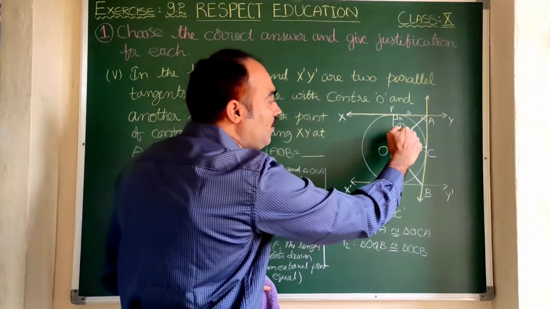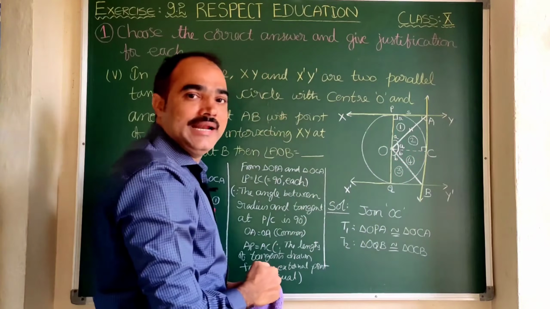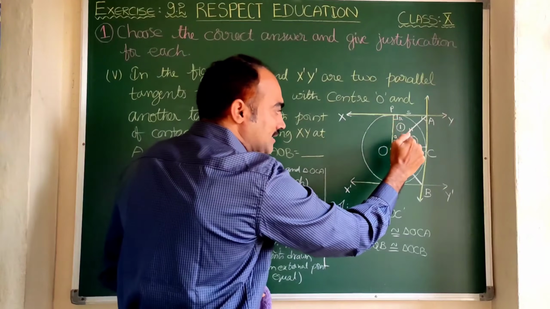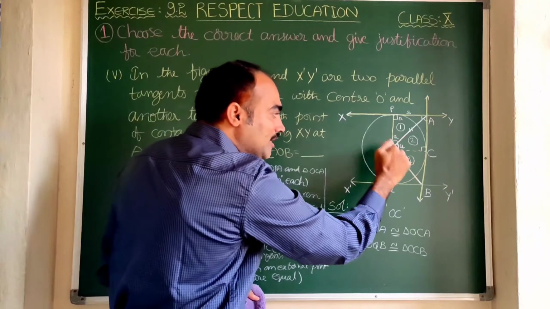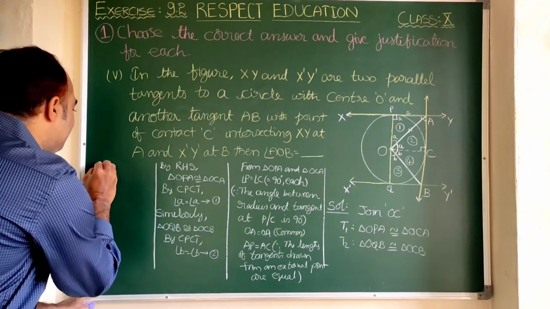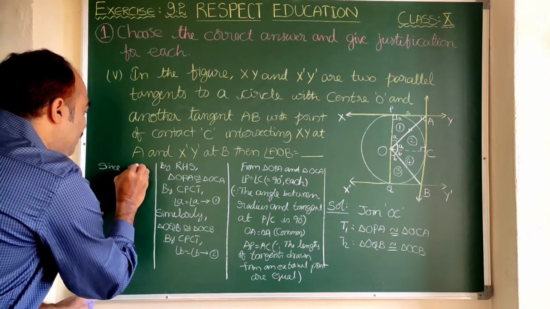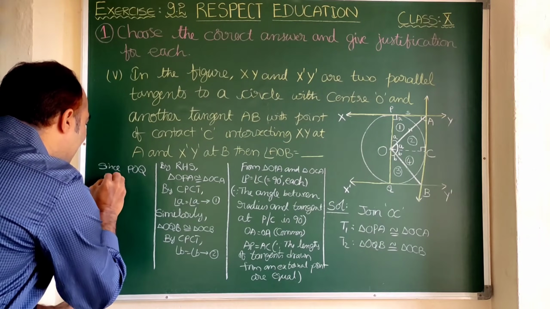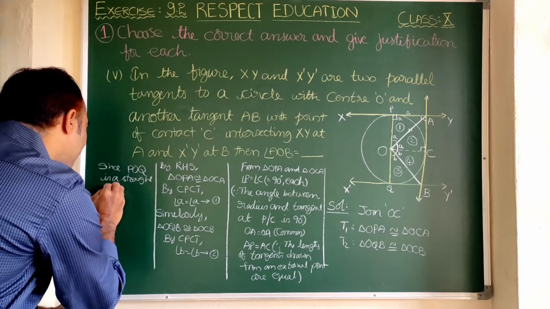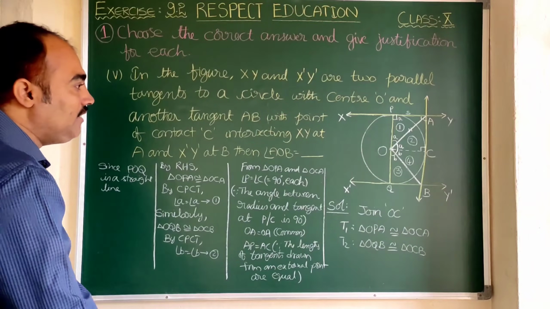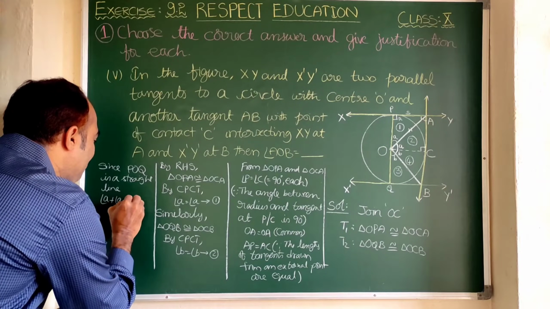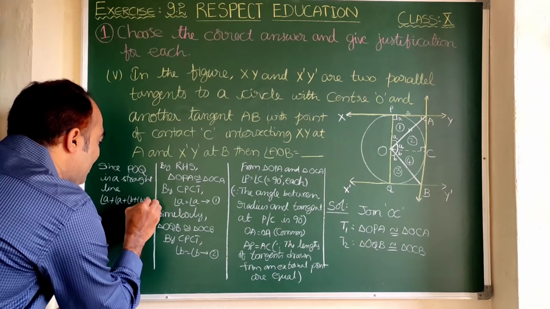Now here can we say what is the angle at O? 180 degrees. So here from the figure, what is the angle at O? A plus B is equal to 180 degrees. So let us write here, since POQ is a straight line, we can say that angle A plus angle A plus angle B plus angle B is 180 degrees.